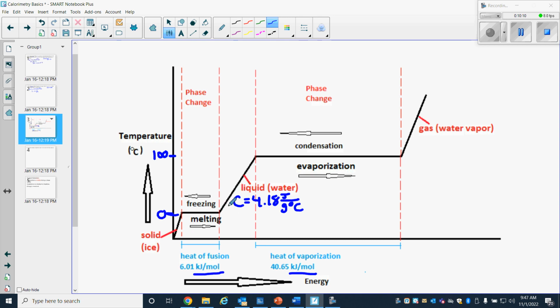Liquid is only going to exist between 0 degrees Celsius and 100 degrees Celsius, whereas a gas is not going to exist until 100 degrees Celsius and above. So if we're going from like -10 up to 110, we're going through every single line. So each line segment in this curve is going to be a different problem.